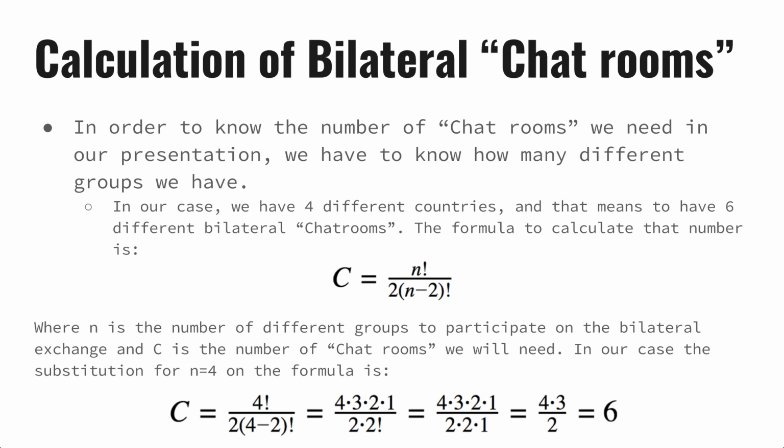If you are interested, I can recommend you to check the very nice content on Khan Academy about combinations and permutations. There are a lot of videos also on YouTube which explain this concept, but in our example, the substitution in this formula gives us 6 different chat rooms.